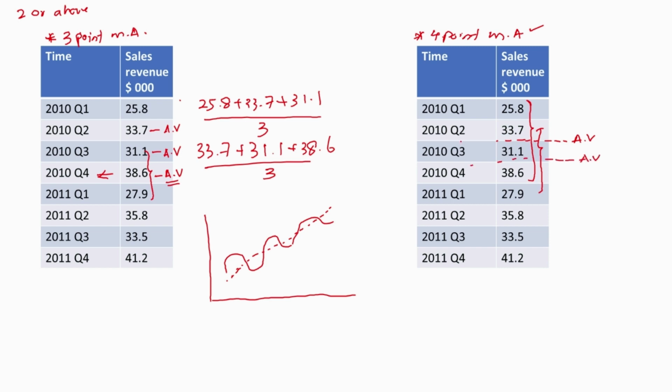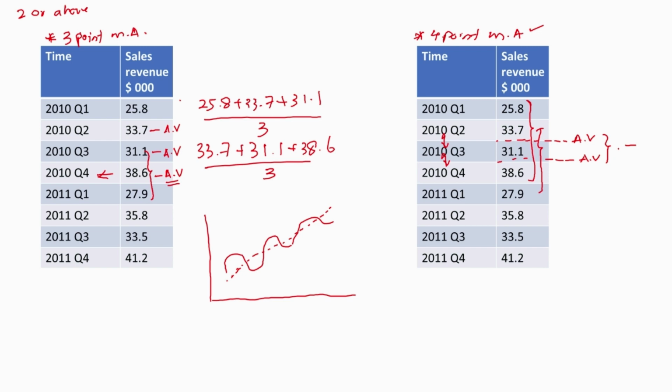So these average values do not align with any quarter. They lie between the quarters. Likewise, in order to take the average value for a particular quarter, we have to take the average of these two values again. Then that average value will lie between here.